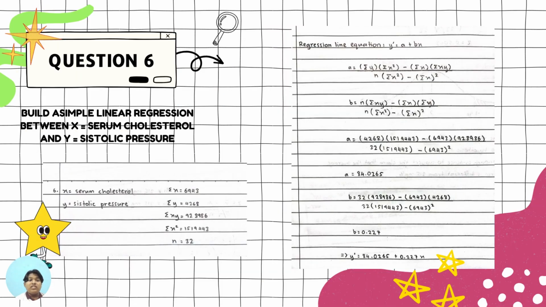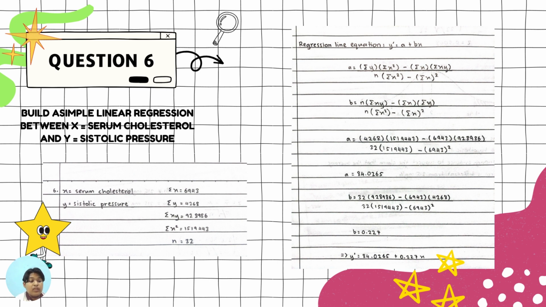And last but not least, question number 6. Build a simple linear regression between x equal to serum cholesterol and y equal to systolic pressure. So, based on the question, x equal to serum cholesterol and y equals to systolic pressure. So we need to find the regression line equation.